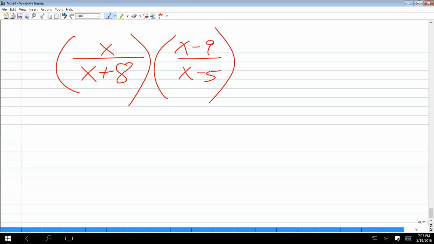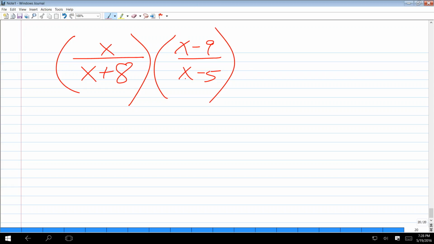Well, there's nothing that can be canceled. In other words, everything's already a linear factor. And what linear factor means is it's x to the 1 is the highest degree of the exponent. There's no x squareds anywhere. Okay, that's a linear factor, that's a linear factor, so is that, so is that.